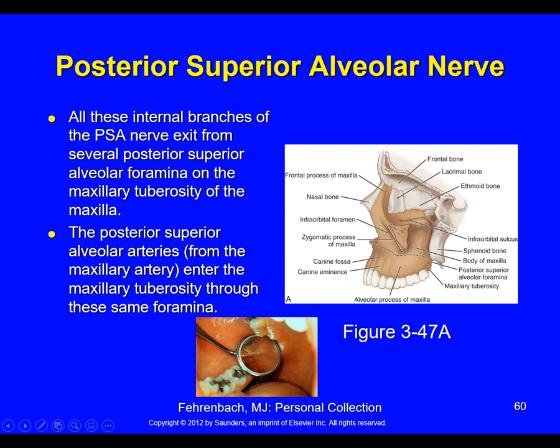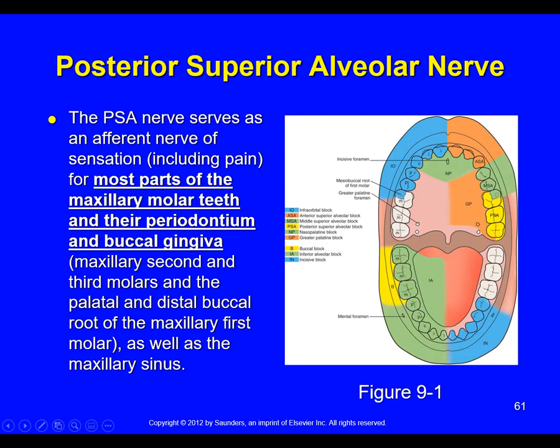And the PSA is going to innervate this yellow area on top, so all of the molars except for the mesial buccal root. So we've got 1, 2, and 3, except for the mesial buccal root of number 3.